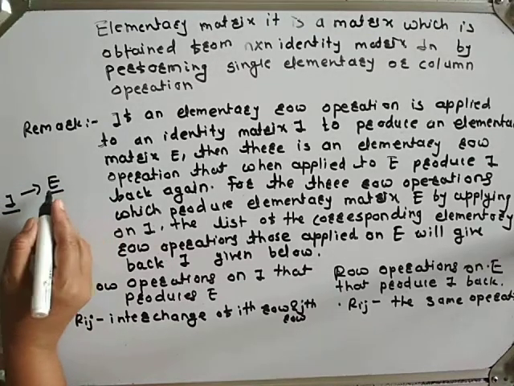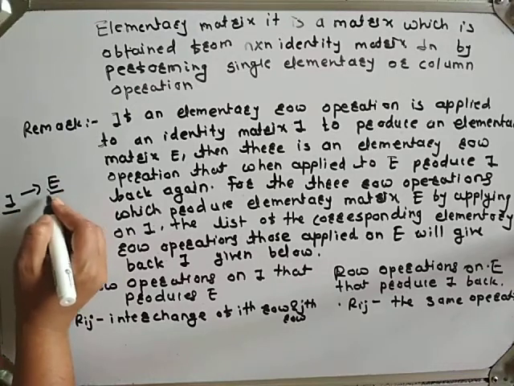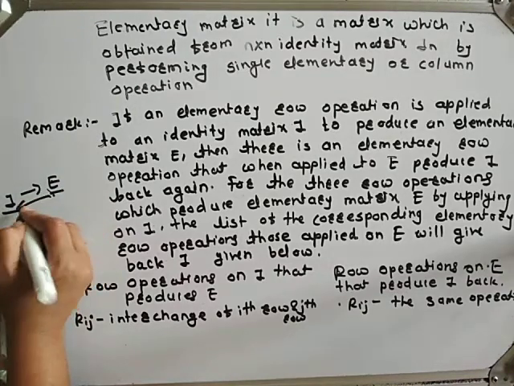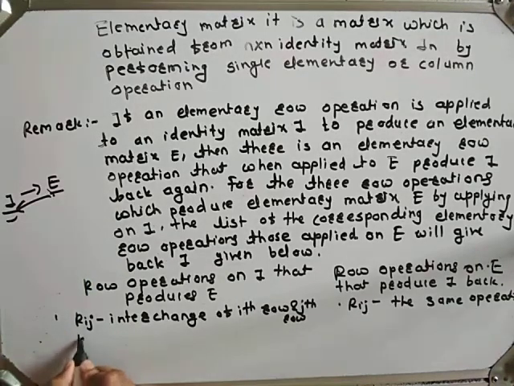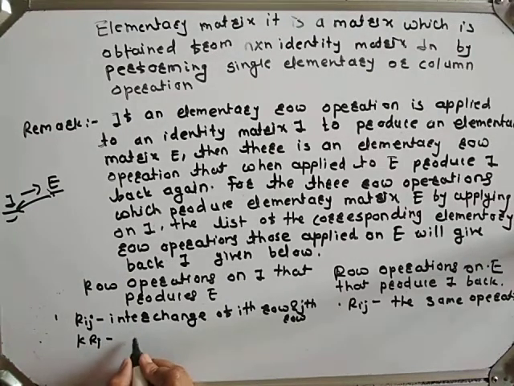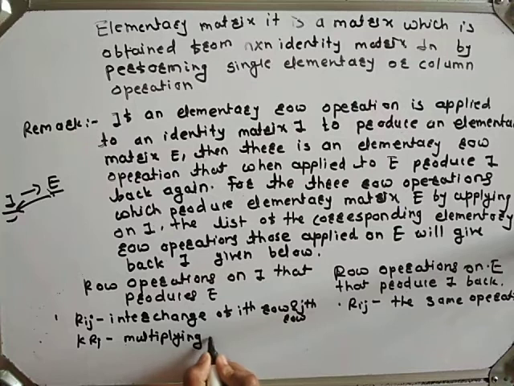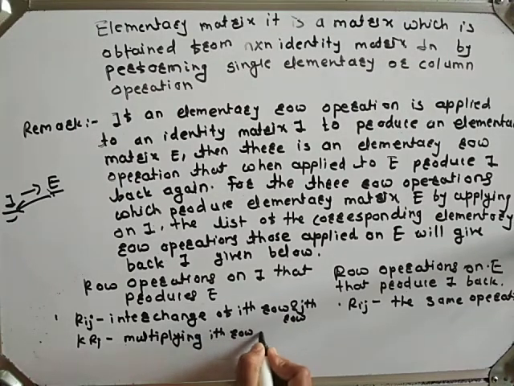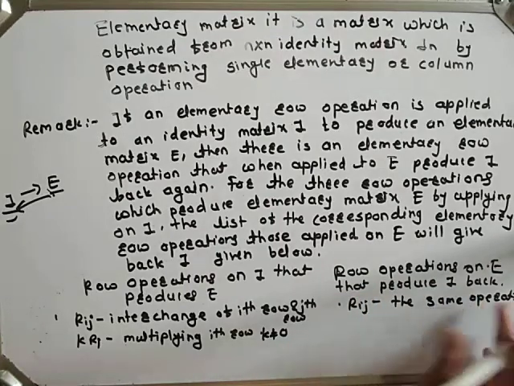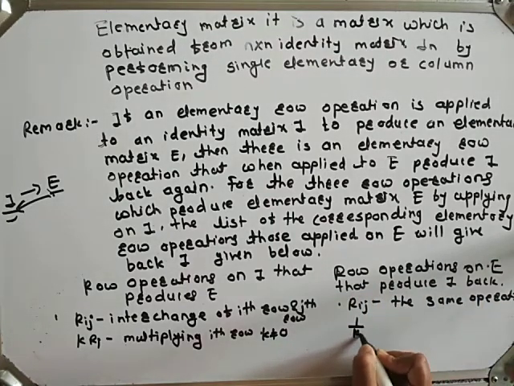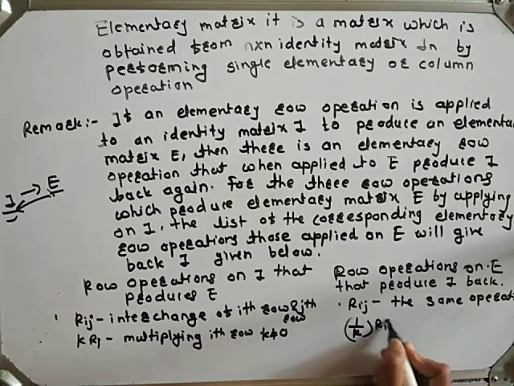And again, if you apply the reverse or inverse operation on E, then we again get matrix I. Then the next operation is K into Ri, meaning multiplying the ith row by a non-zero constant K, and the row operation on E that produces I back is 1 by K into Ri.